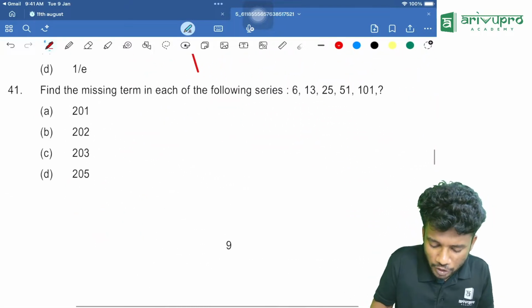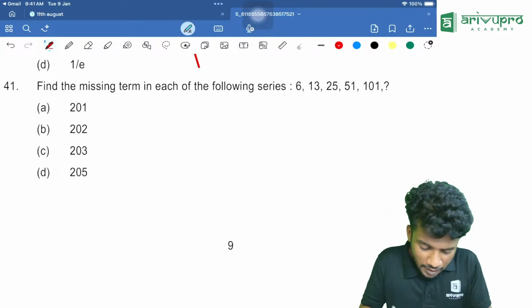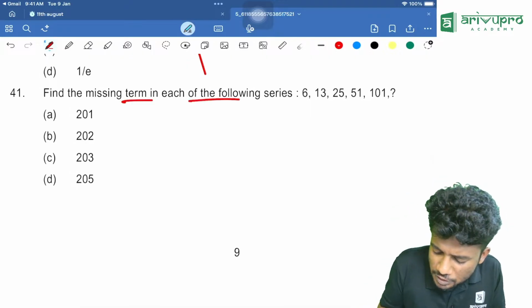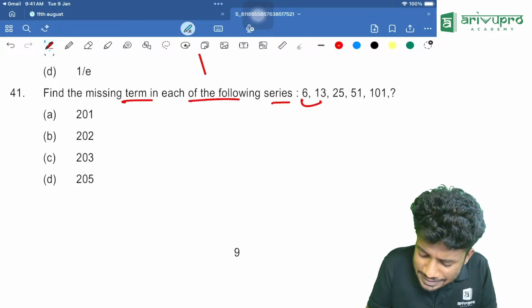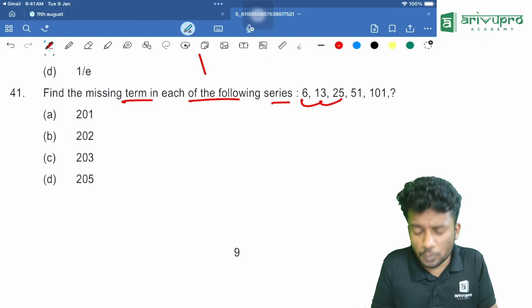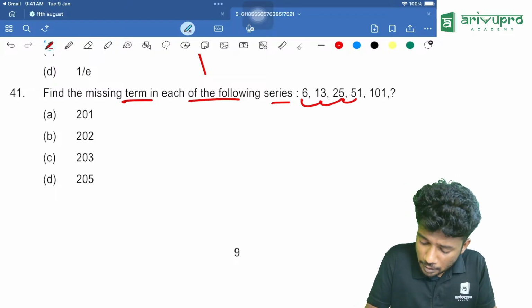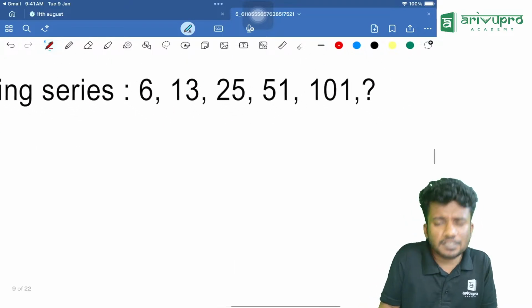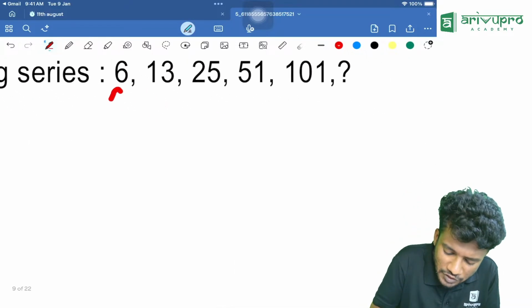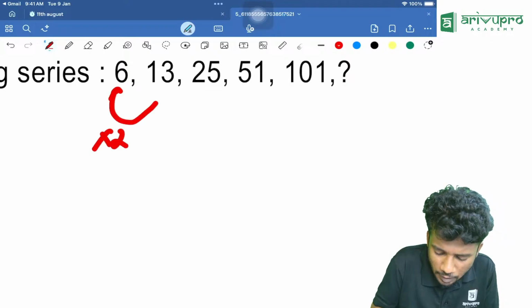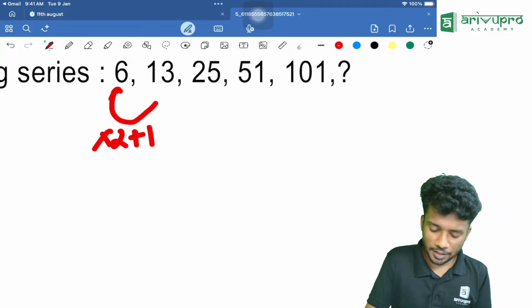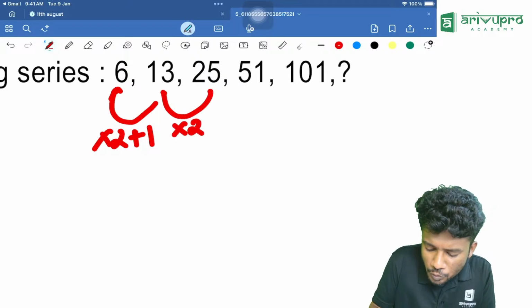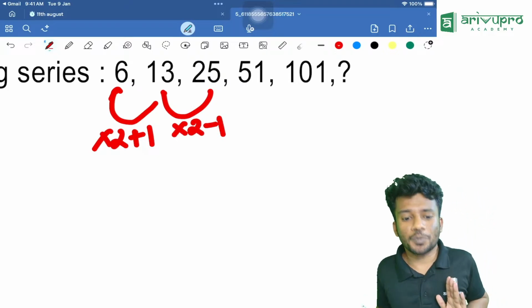Yes. Now we are going to logical reasoning, people. Now look here. Find the missing term in each of the following series. 6 is becoming 13, 13 is becoming 25, 25 is becoming 51. That is the pattern. When I see the pattern itself, I am getting something in my mind. 6 into 2 is 12, plus 1 is 13. Now 13 into 2 minus 1 is 25.